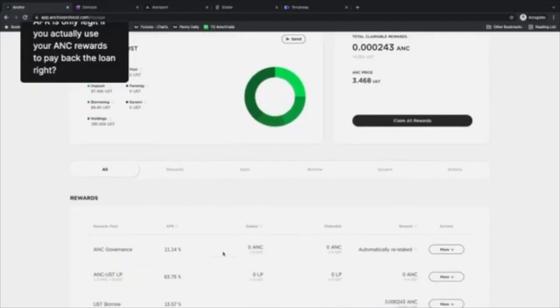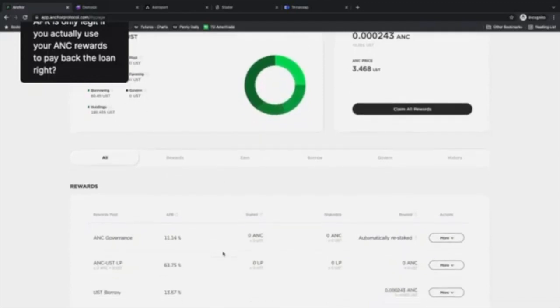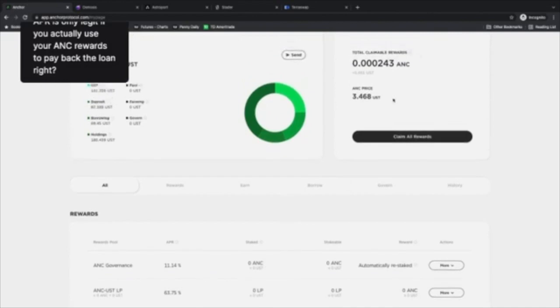Then when I get my rewards based off of my APR that was showing in the borrow, the rewards show up here and I can claim them, and then I can decide if I want to stake them or sell them.